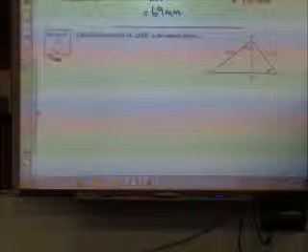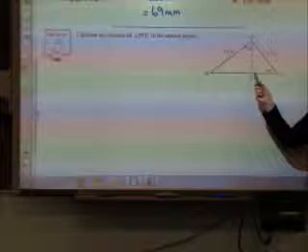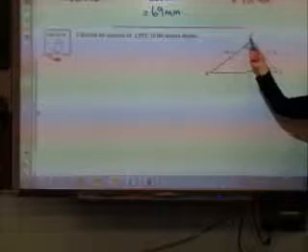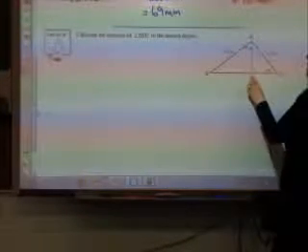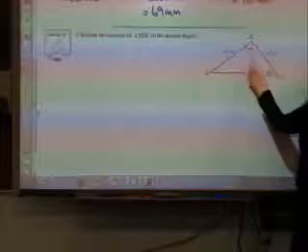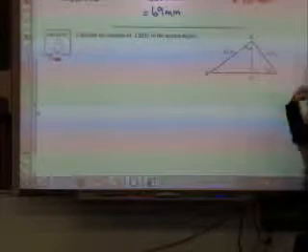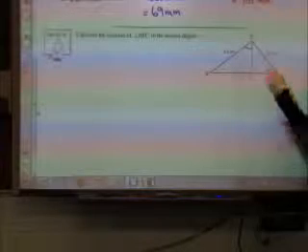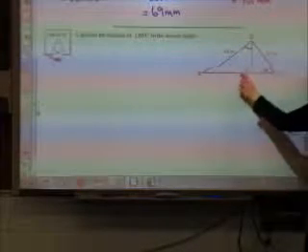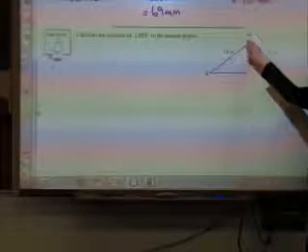What will I need to know? Like BC? EC? Yeah, if I find EC, I can use one of my trig functions because I have 2 sides. I would choose EC over BC because EC is shared with this triangle.